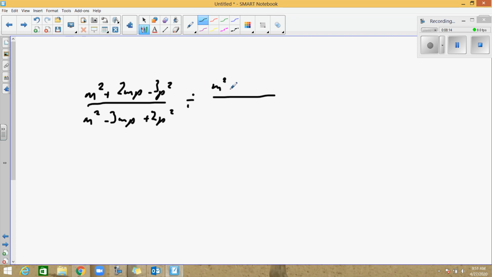On top is m squared plus 4mp plus 3p squared. And on the bottom I have m squared plus 2mp minus 8p squared. All right, so as you can see, we got a lot of factoring to do.